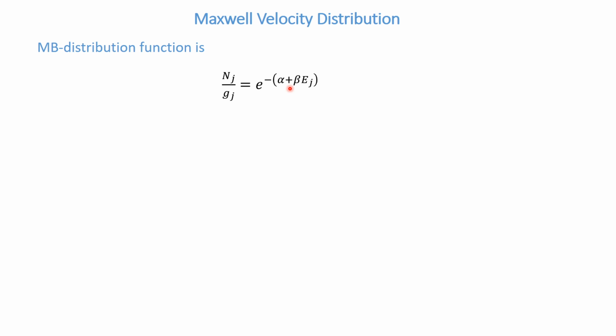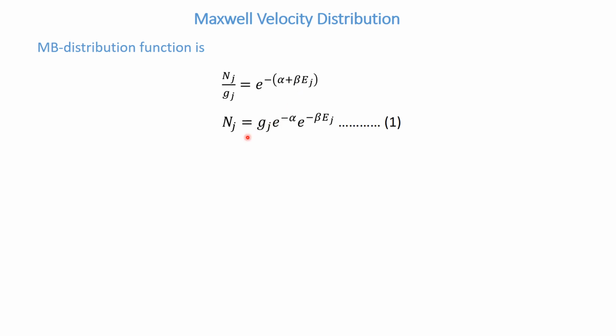And here we are going to find the value for this beta, and for alpha we will calculate this in the next lecture, which will be about the partition function. And this Ej is the energy of the jth energy level.